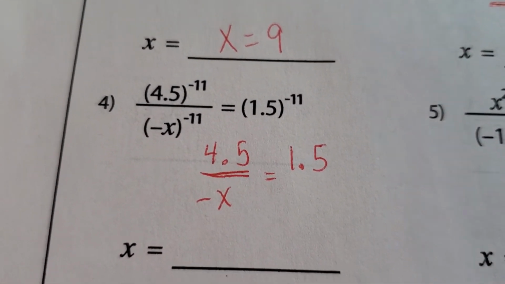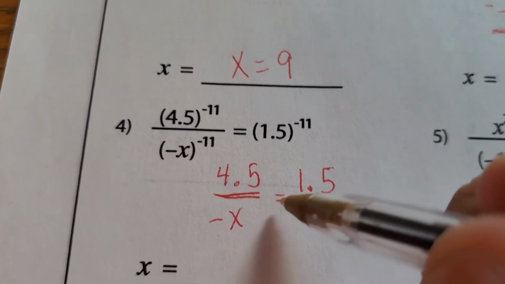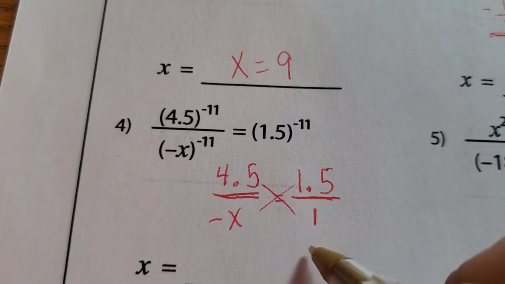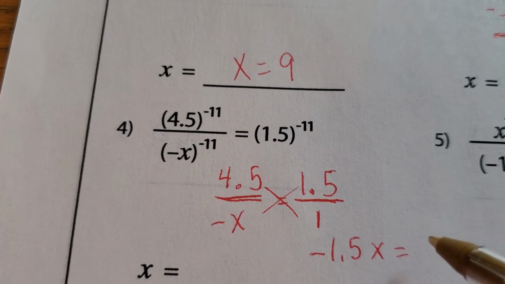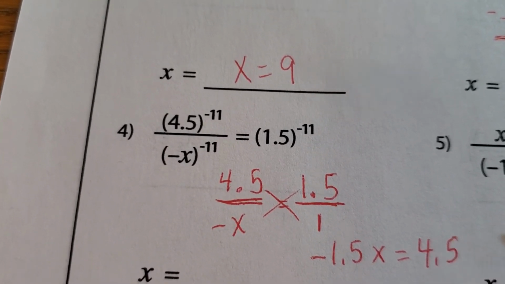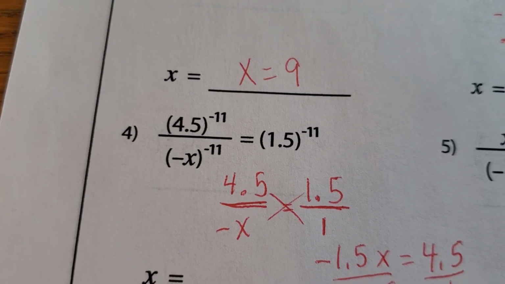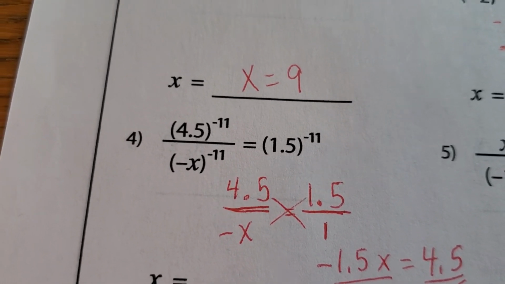Now, because I'm trying to write a proportion, I'm going to put this over 1, so it looks like a fraction. Do some cross products. Negative x times 1.5 is negative 1.5x, and 4.5 times 1 is 4.5. I'm going to divide both sides by negative 1.5, and I get an answer of x equals negative 3.